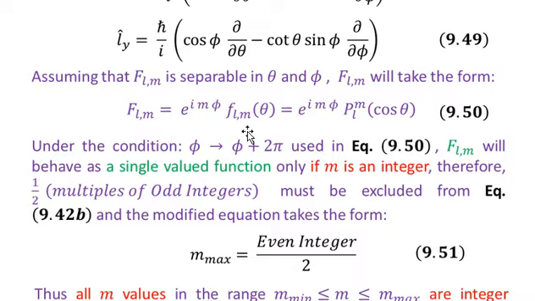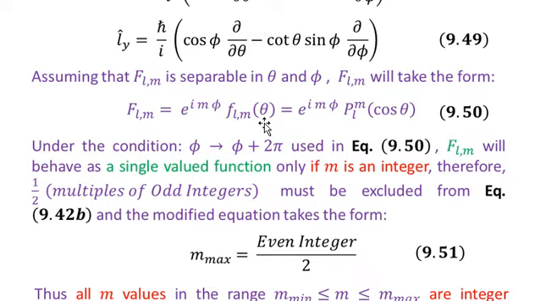So I am now assuming that the capital F can be split into the product of two wave functions. One is phi dependent and the other is theta dependent. The phi dependent part I have taken as e to the power i m phi, and the theta dependent part has been taken as small fLM.